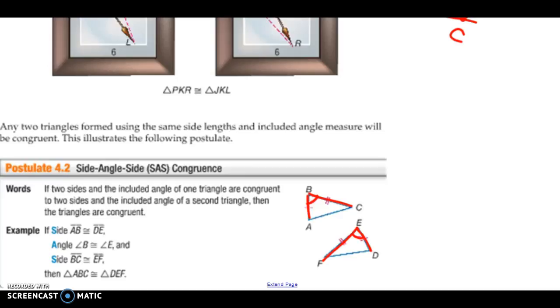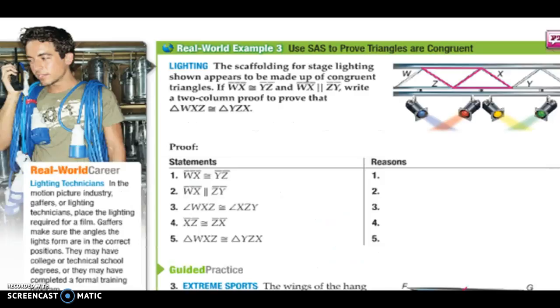The reason is that this angle corresponds with the other side. And so if the angles are congruent, it means that these sides are going to be forced to be congruent. And that way, our triangles are congruent again because all three sides are the same, and then all three angles are going to be the same. So let's look at this example right here.